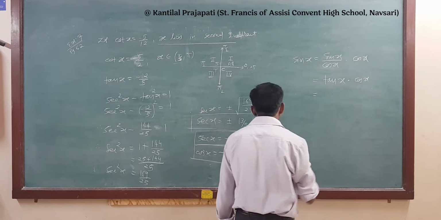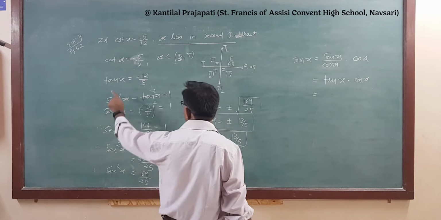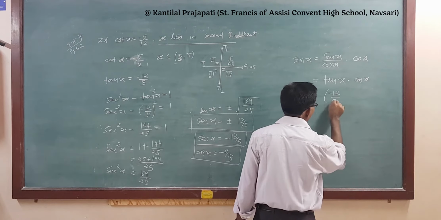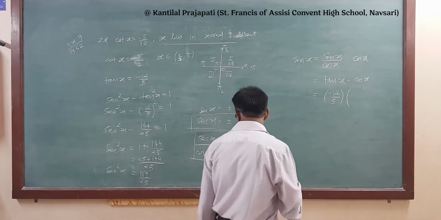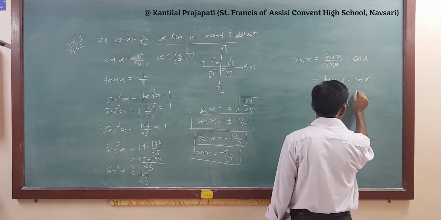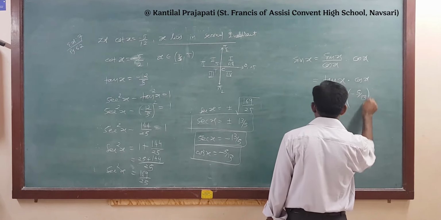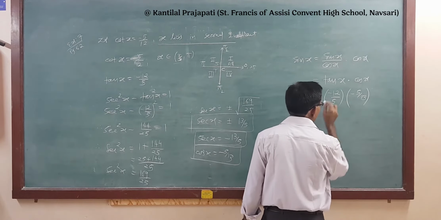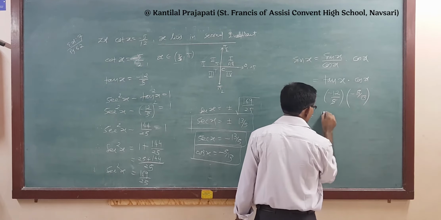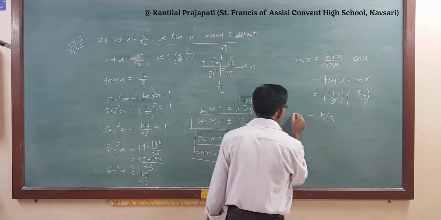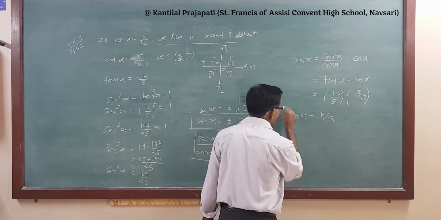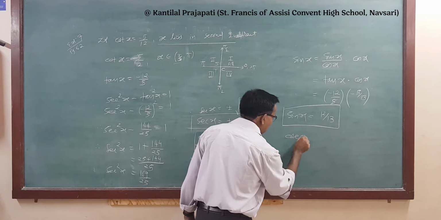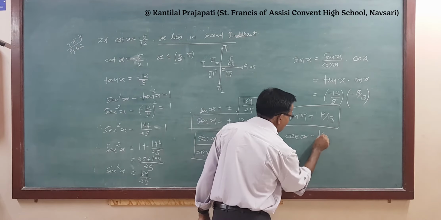We have already found tan x, which is minus 12 by 5, and cos x is minus 5 by 13. Minus minus is plus, and the 5 is cancelled, so you get 12 upon 13. This is the value of sin x. Now its reciprocal is cosec x, so cosec x is equal to 13 by 12.